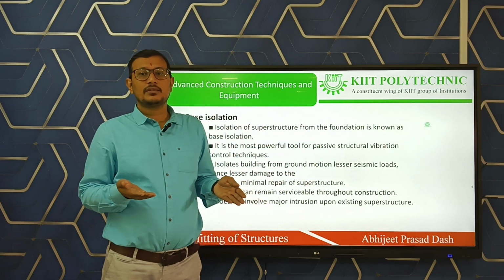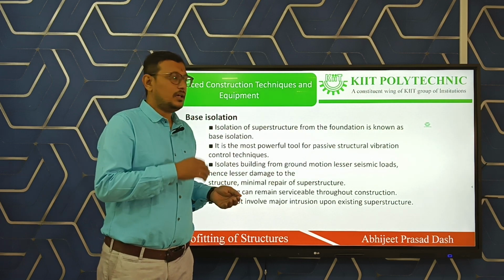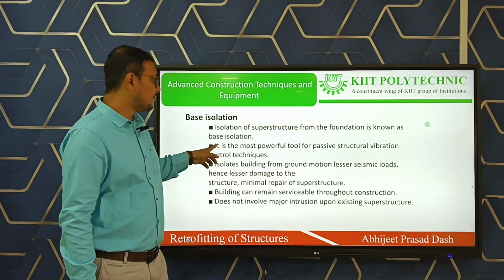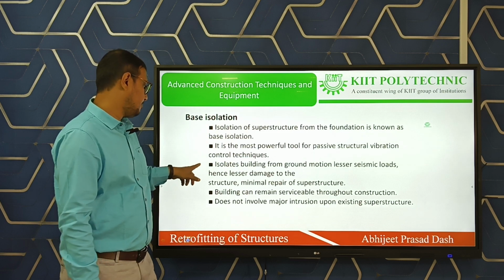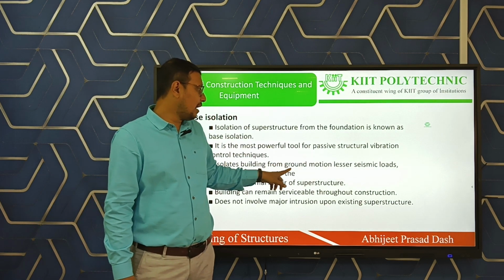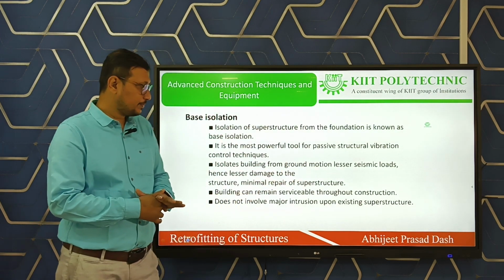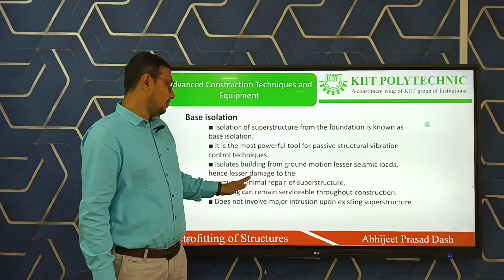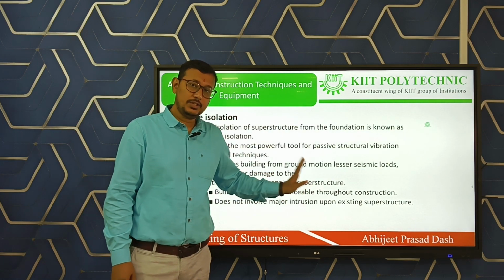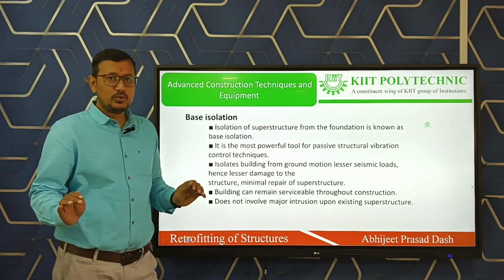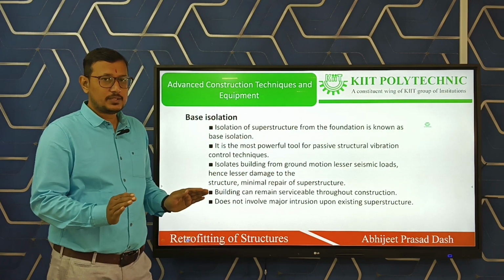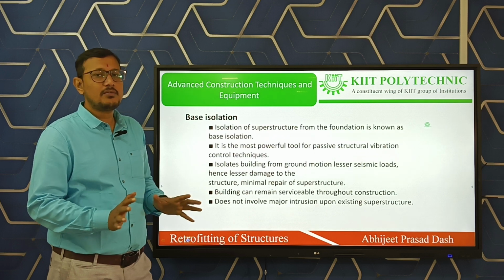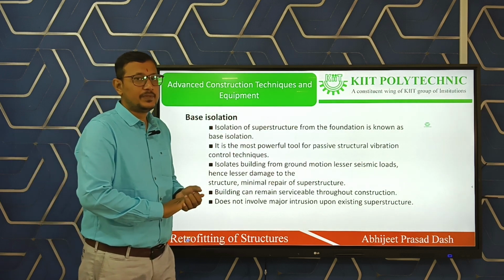The lateral vibrations will be absorbed by these techniques. It isolates the building from ground motion, giving lesser seismic loads, hence lesser damage to the structure and minimal repair of the superstructure. So all the vibration will be absorbed in the substructure only.